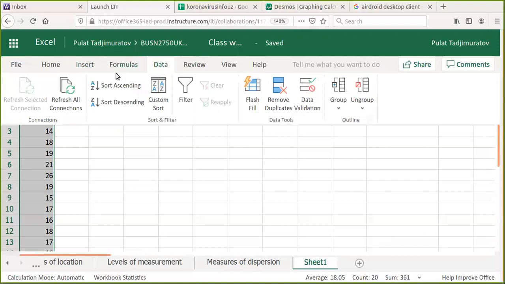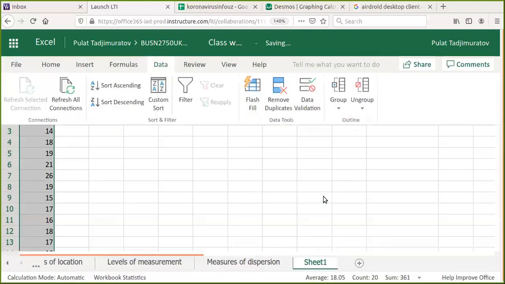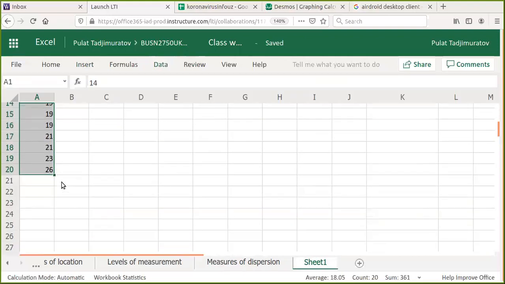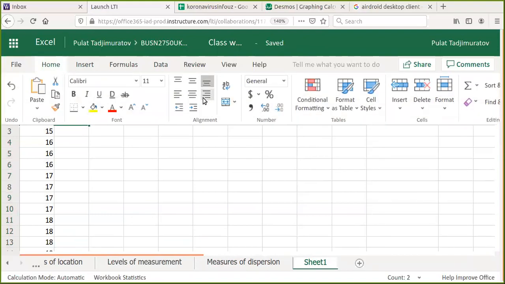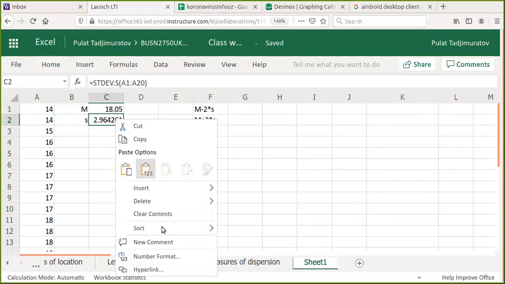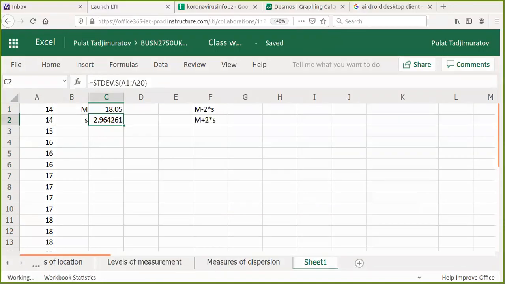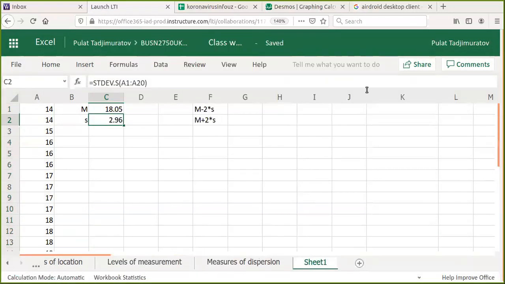So again, data, sort ascending. Okay, so my mean minus 2 standard deviations. In fact, I won't calculate that manually. I will again use Excel, and first I will change my format. I don't need all those decimals after the dot.